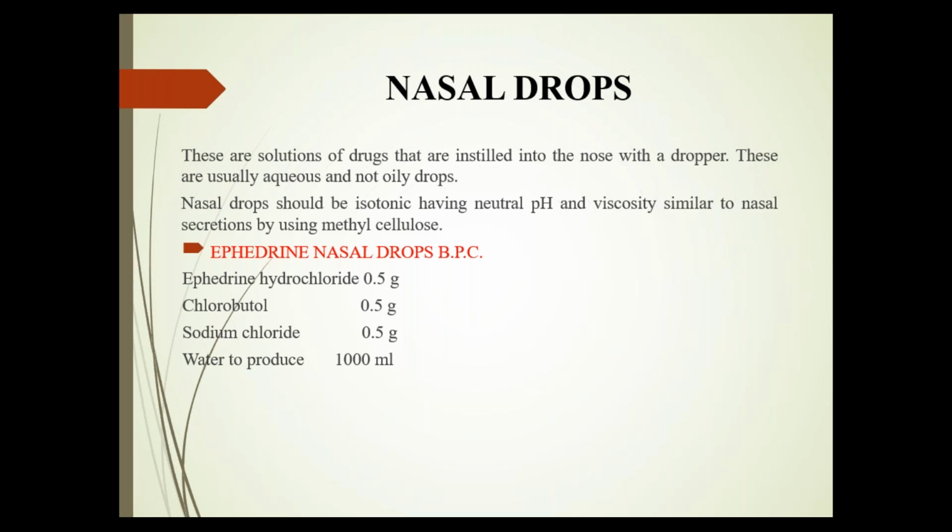The viscosity should be similar to your nasal secretion, because if the body feels there is a foreign substance, it will try to throw it out of the system. So the viscosity and pH should be similar to the nasal secretion, and you make the viscosity similar by using methyl cellulose. The example here is ephedrine nasal drops, BPC. Ephedrine hydrochloride is your API, then excipients are added, and finally water.